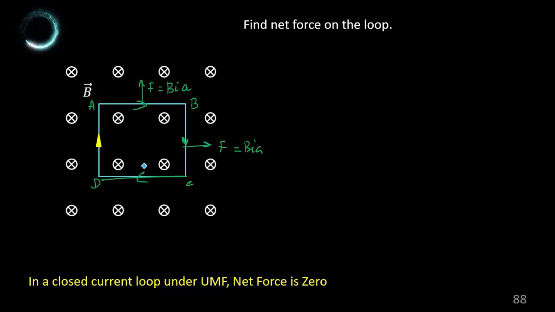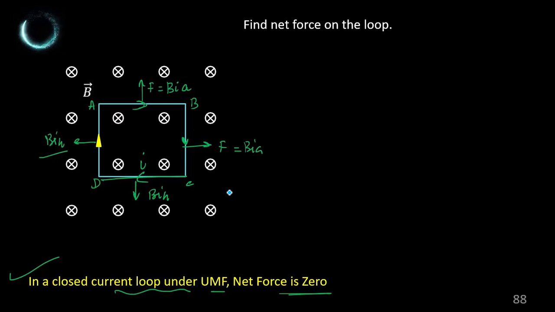CD where current flowing in this direction, again the force is acting downward, BIA. There also the force is BIA. So net force on the entire loop is 0. So if a closed current carrying loop is there and under the uniform magnetic field, net force is 0.